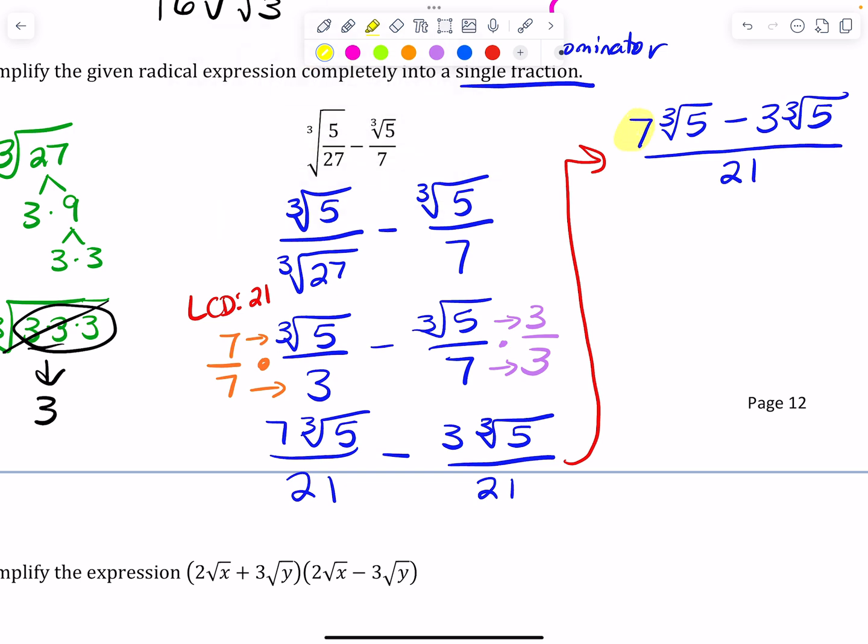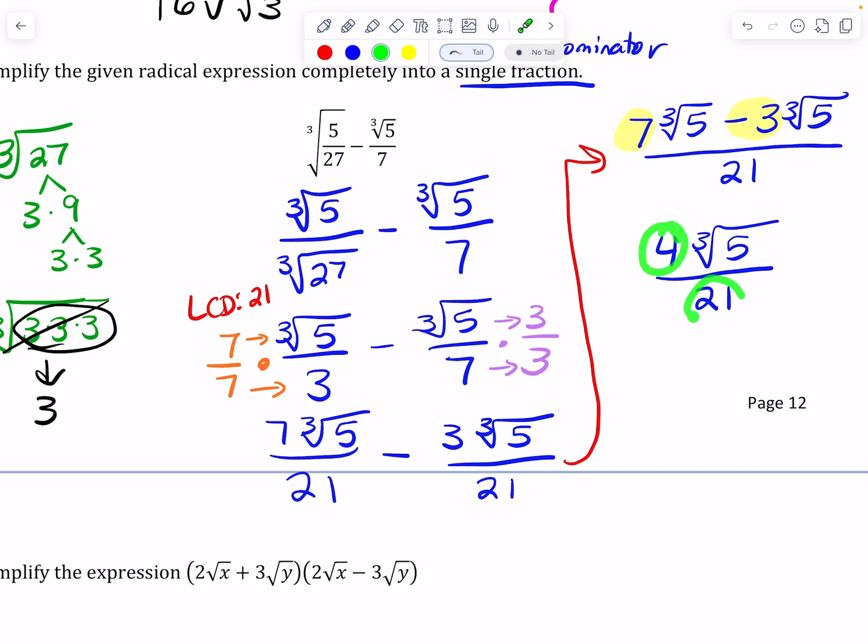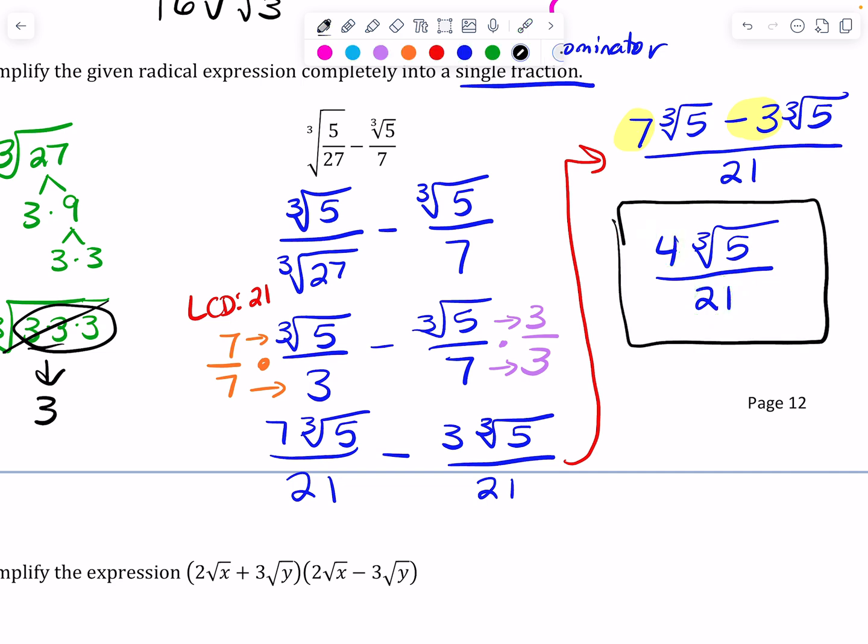So we have 7 minus 3, and that gives us 4 cube roots of 5 over 21. Now, we cannot simplify 4 over 21. Those are not divisible by the same thing. So this answer is finished, and we stop there.